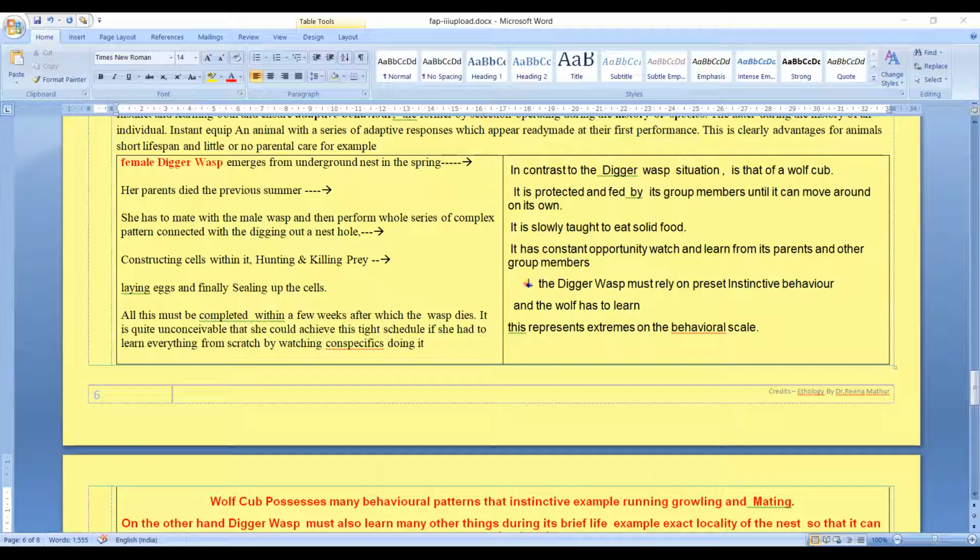Female digger wasp, I'll just share the screen. See this video.